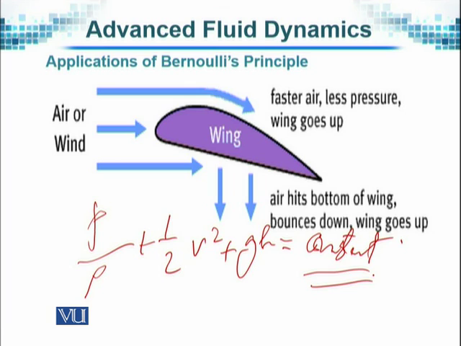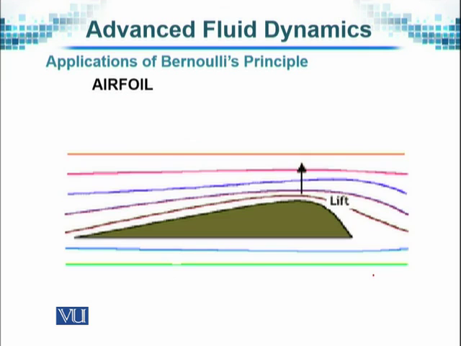Where the air stream hits at the bottom, it bounces downwards and the wing goes upwards, because it provides a lift. There is a force, action and reaction. As a reaction, the air goes downwards, but it pushes the aerofoil upwards, which we call lift.